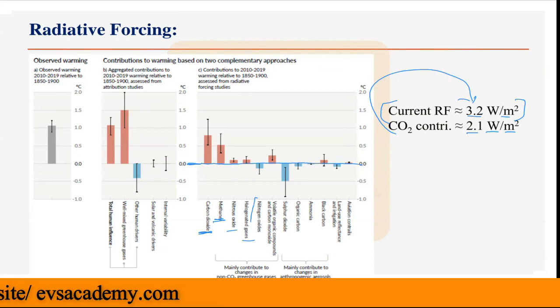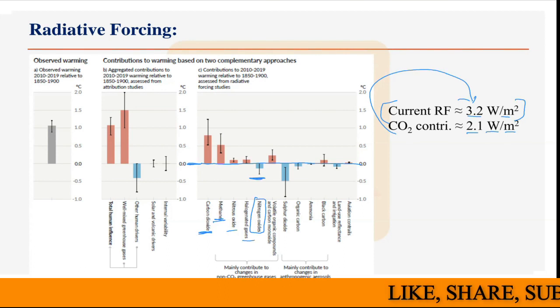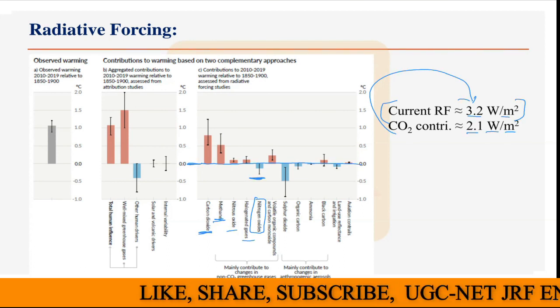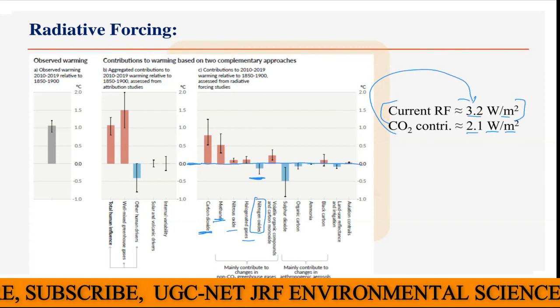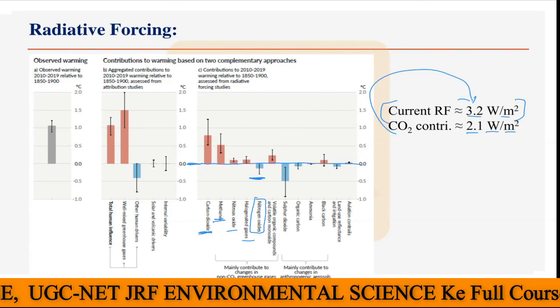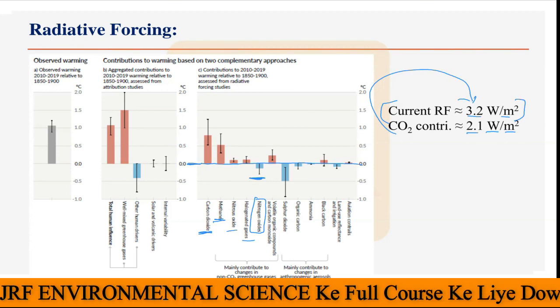Nitrogen oxide is contributing to global dimming, you can see. It provides aerosol particles, and the secondary aerosol particles contribute towards which side? Towards the global cooling side. Then we have the volatile organic compounds, VOCs, also contributing to global warming.